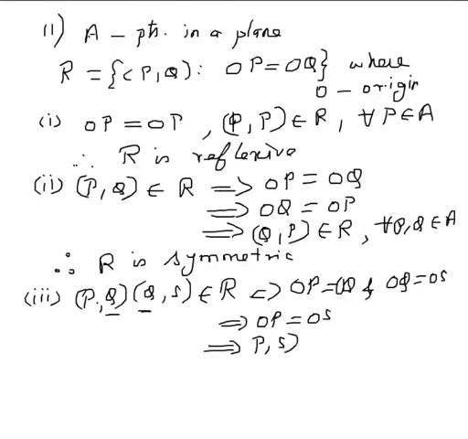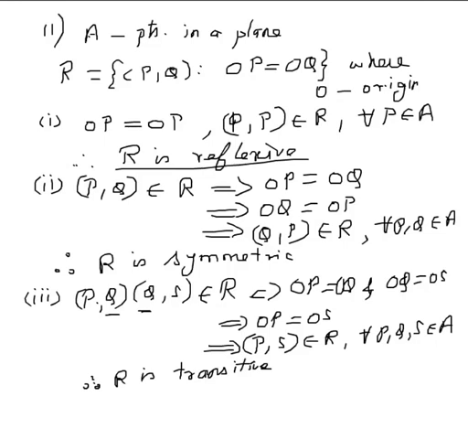Therefore, I can say that (P, S) is an element of R for the 3 points P, Q, S taken from the set A. Therefore, R is transitive. Very simple question. So all 3 are true. It is reflexive, symmetric as well as transitive. Therefore, I can say that it is an equivalence relation.